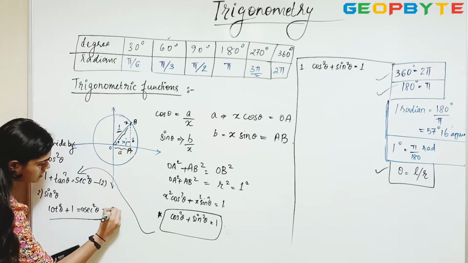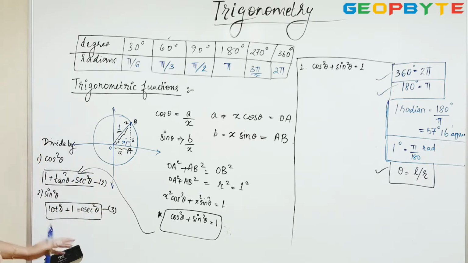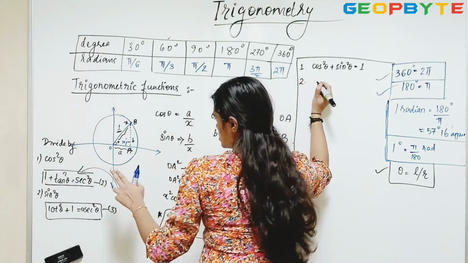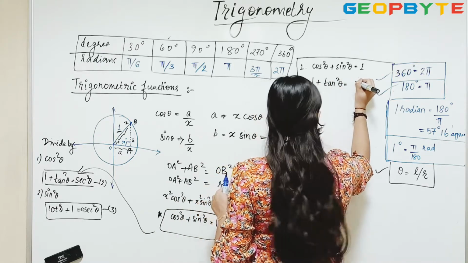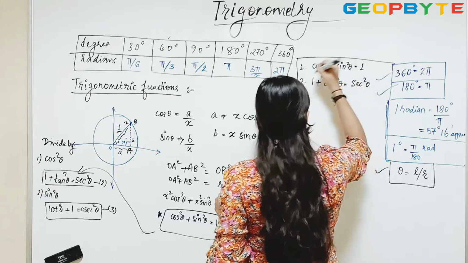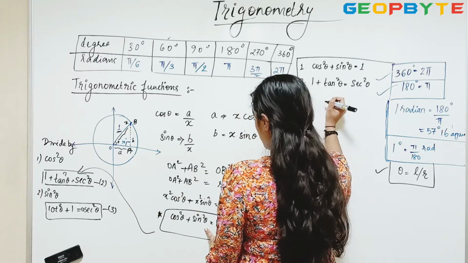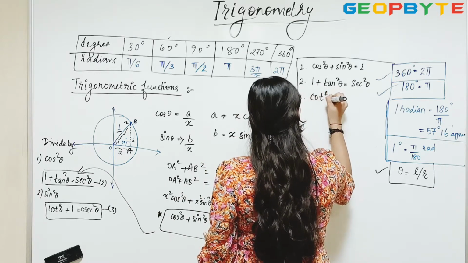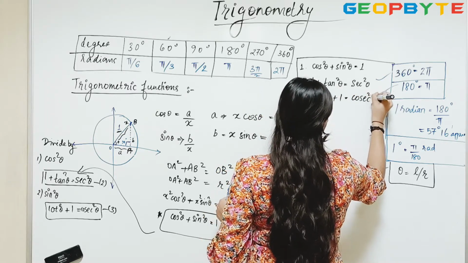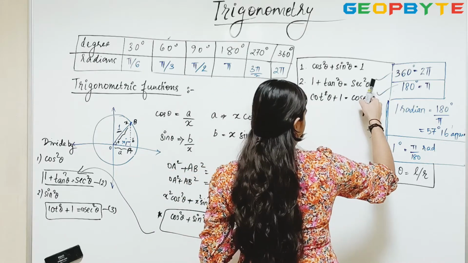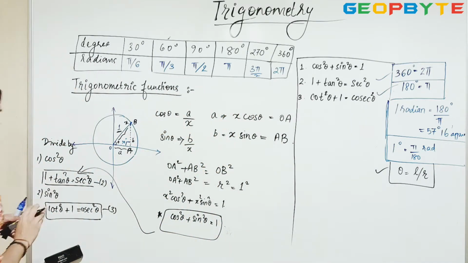So we get the third equation, cot square theta plus 1 equal to cosec square theta. Actually, you don't have to learn these formulas by heart because we can get them from dividing by sin square theta or cos square theta from equation number 1. So, we got 3 important formulas now.